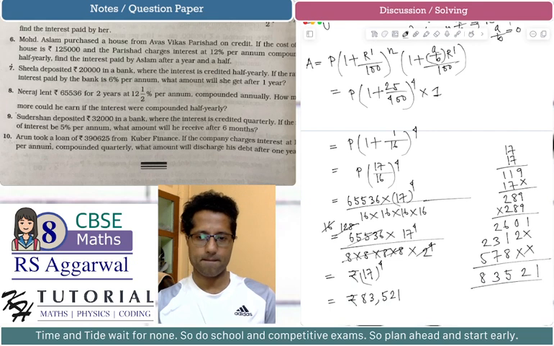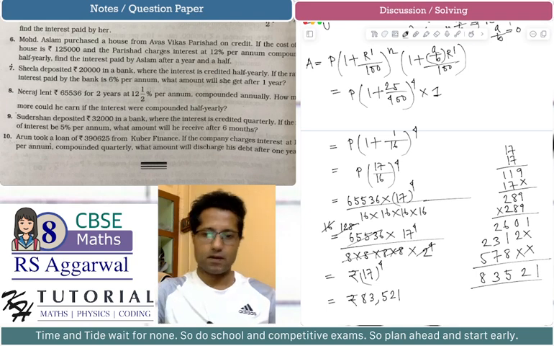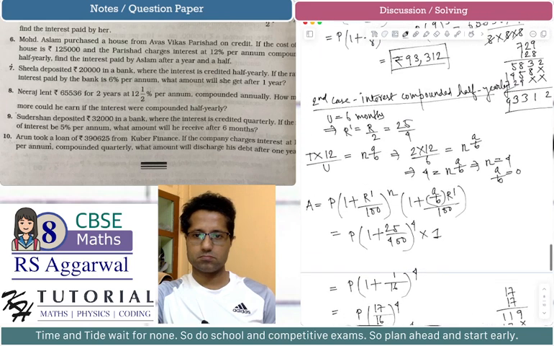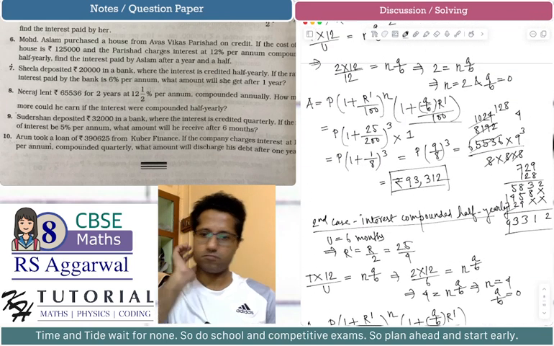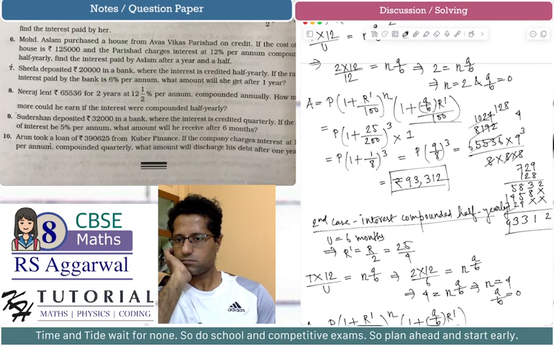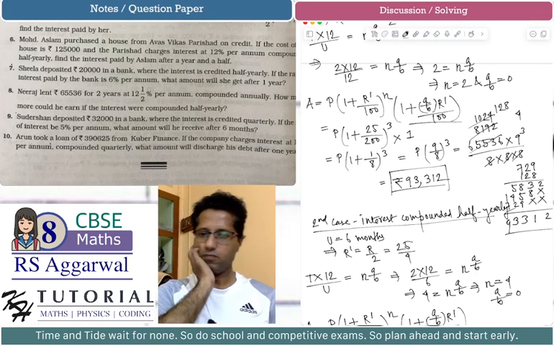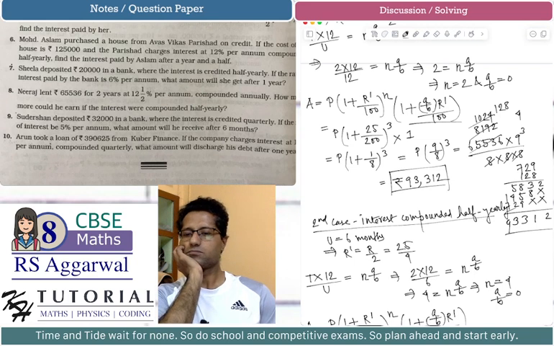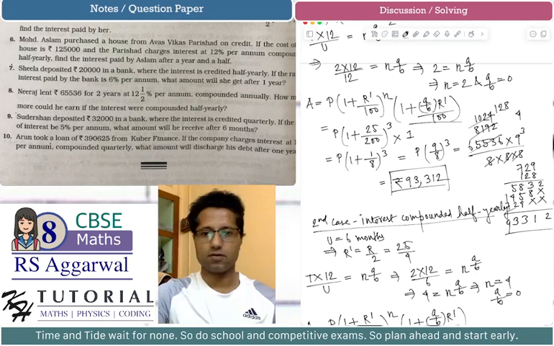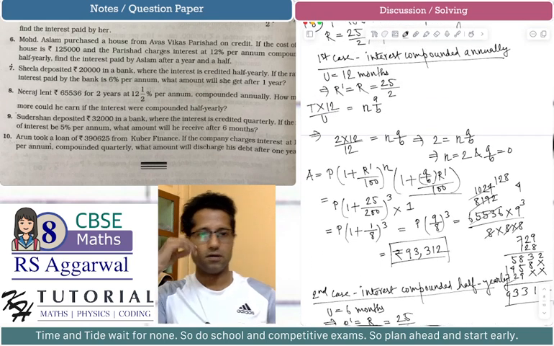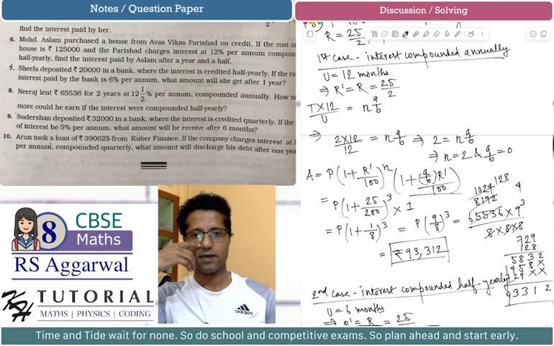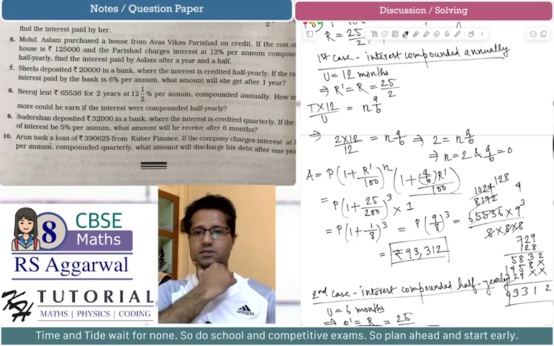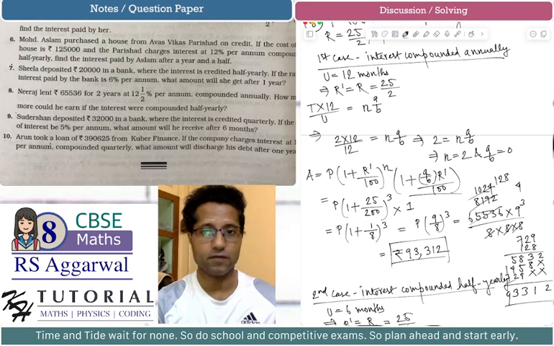So 8 cubed divides 65,536 to give 128. Let me check the calculation in the first case also. In the first case, the interest is compounding annually. So u is equal to 12 months, which means r dash is equal to r, which is equal to 25 by 2.